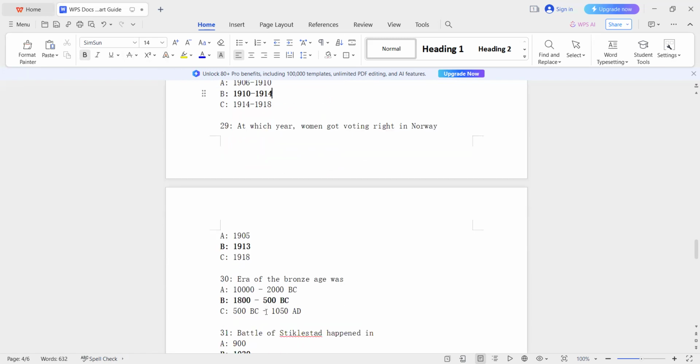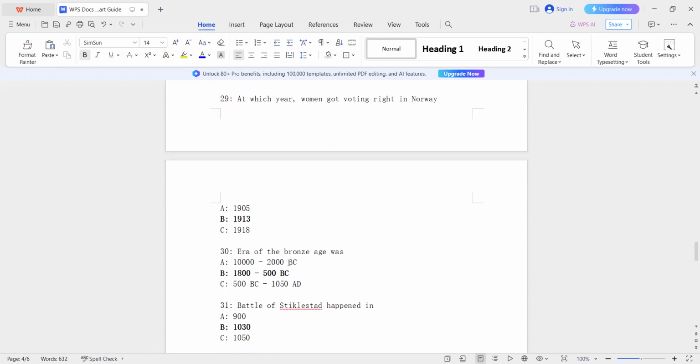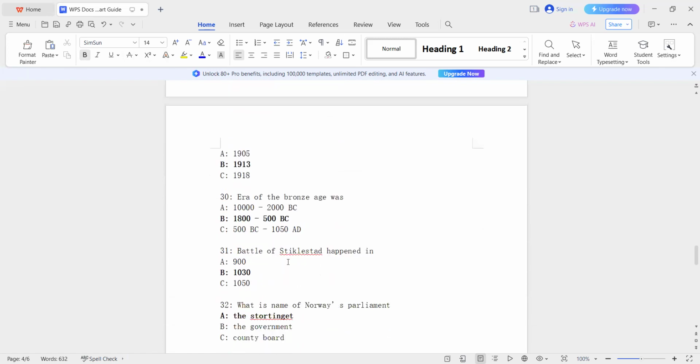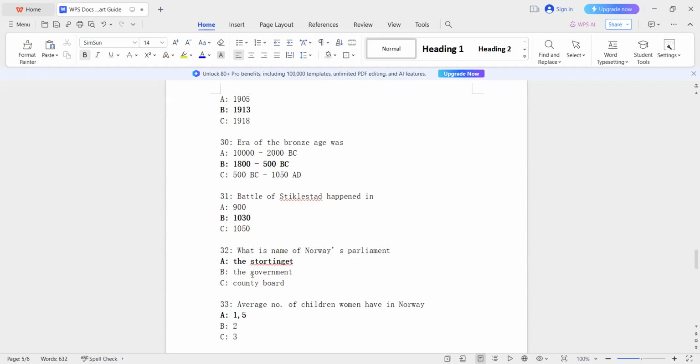The Bronze Age was 1800 BC to 500 BC, so you have to understand the difference between BC and AD also. The Battle of Stiklestad happened in 1030. What is the name of Norway's parliament?